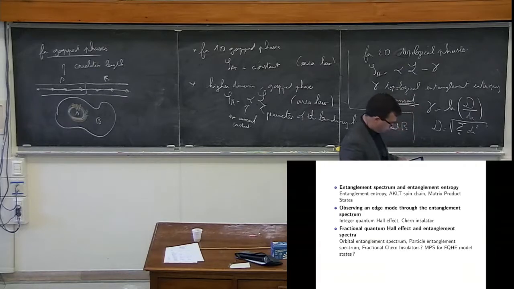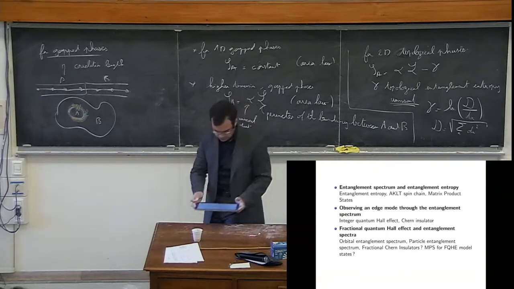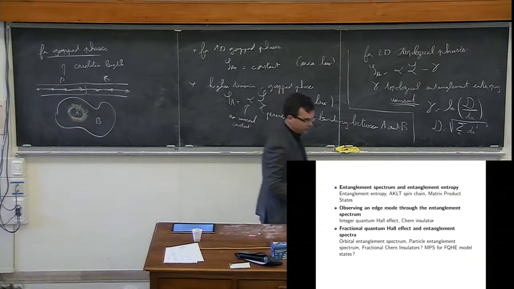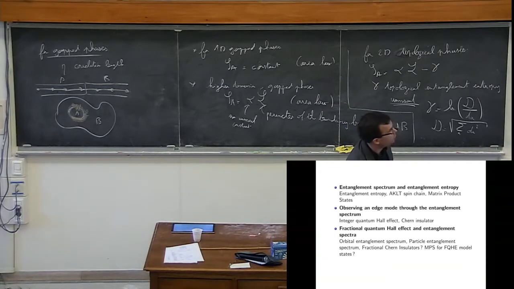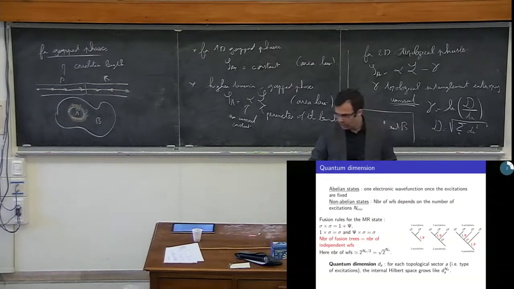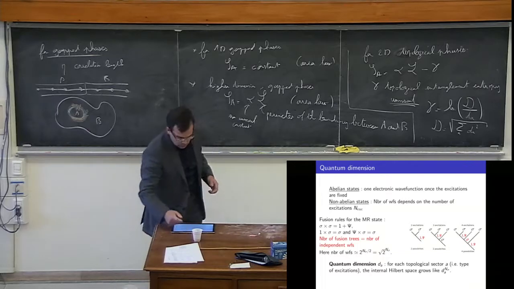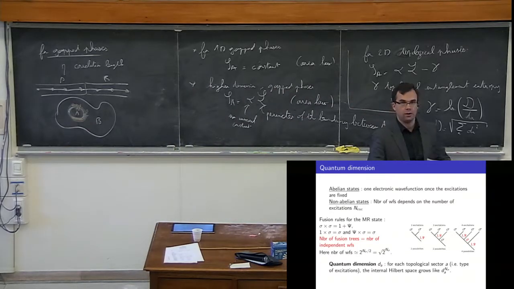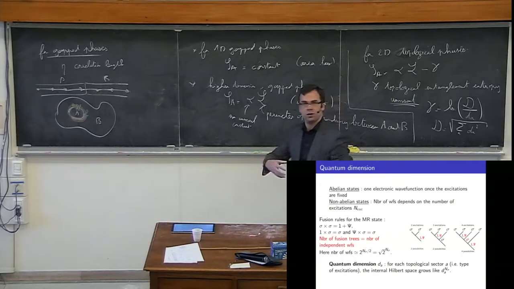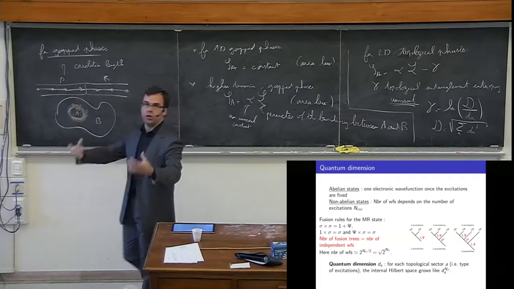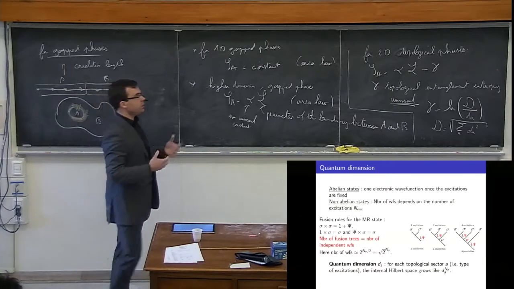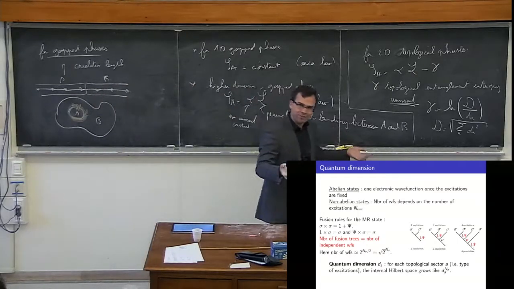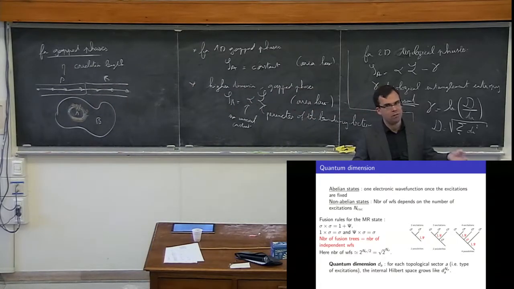I have one slide, but actually Kiryang has already done the job this morning to tell you a little bit about the quantum dimension. So the quantum dimension tells you how the internal Hilbert space of your excitations grows when you increase the number of excitations. So imagine you have an abelian state. You have seen the Laughlin state, you have abelian excitations.